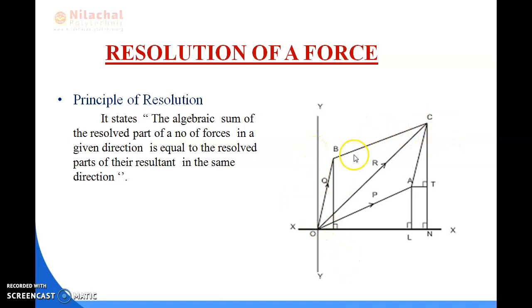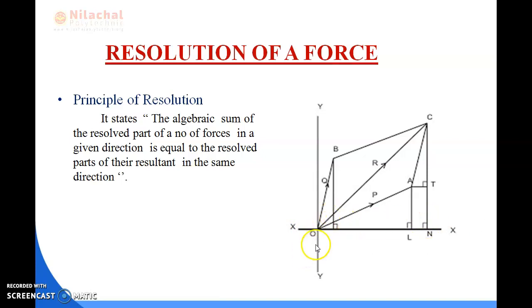From the parallelogram OACB, perpendiculars are drawn from B and from C to the line OX, which is passing along the axis. The resolved parts of the forces P, Q and R along the OX axis are represented in magnitude and direction by OL, ON and OE respectively.